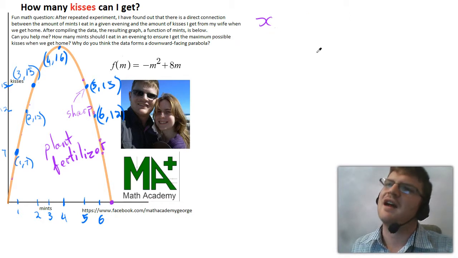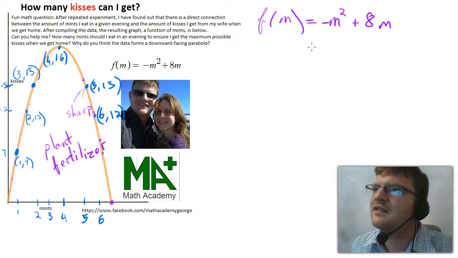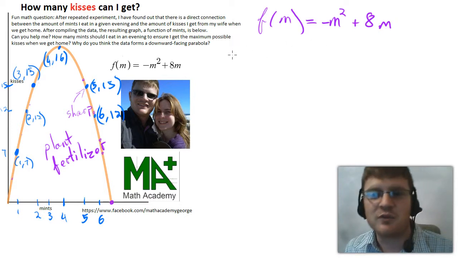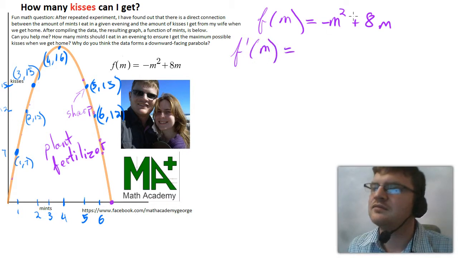Let's do the calculus. Okay, so if f of m is negative m squared plus 8m, if we take the derivative of this, and if you're in grade 11, you won't know what this is yet, it is going to be negative 2m plus 8.